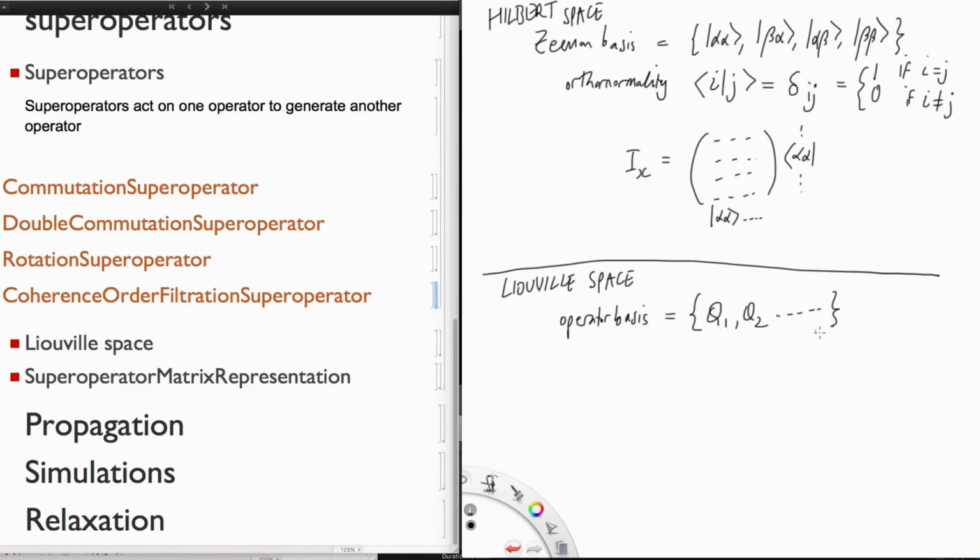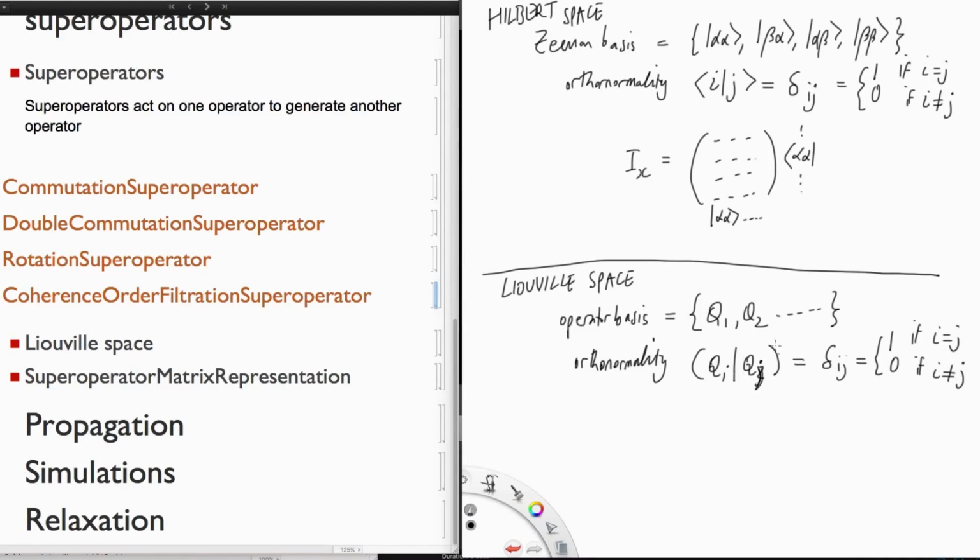And a valid operator basis for Liouville space has the property of orthonormality, just the same. The bracket for operators we write with round brackets rather than angled brackets. So the bracket between any two basis operators is 1 if they're the same operator, and 0 if they're different operators.